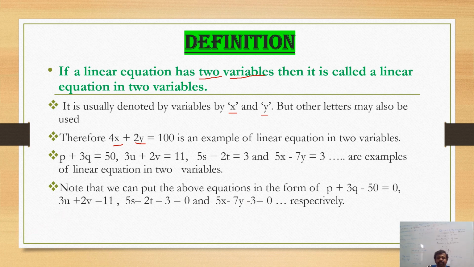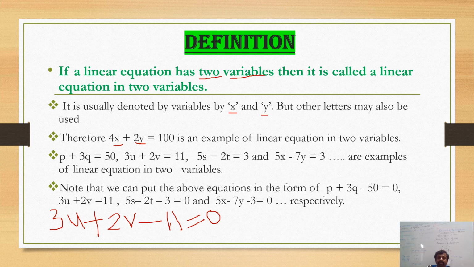3u plus 2v minus 11 is equal to 0. Okay, students, these are all.